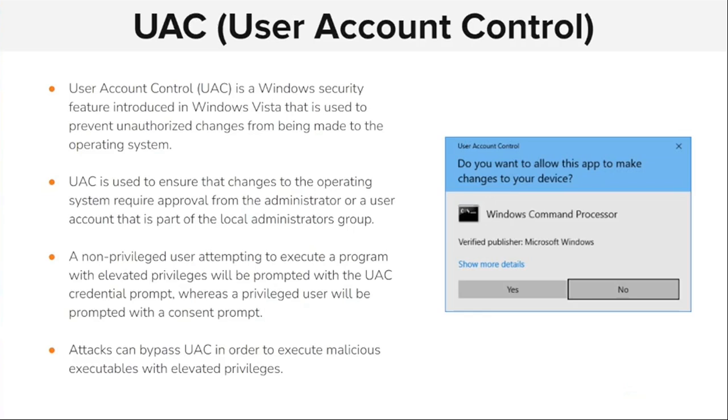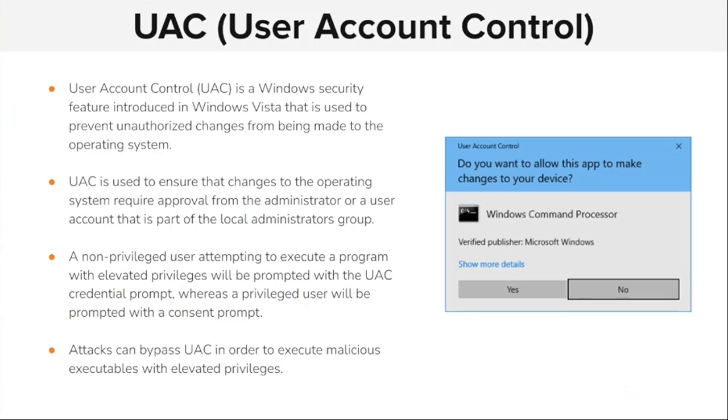But if you are part of the local administrator group, you'll get this prompt that just asks you to confirm that you want to run this application with administrative privileges. As it says here, a privileged user will be prompted with the consent prompt, and this is the consent prompt right over here.